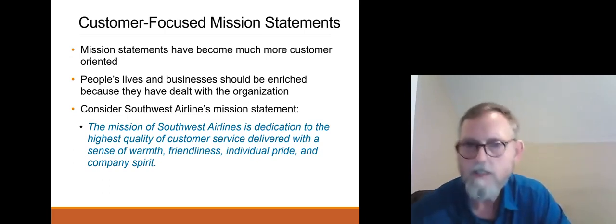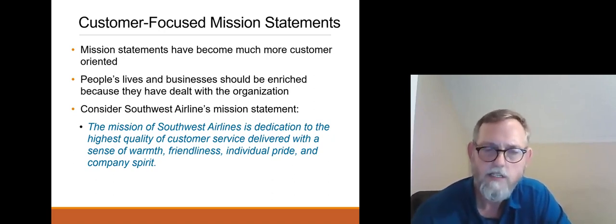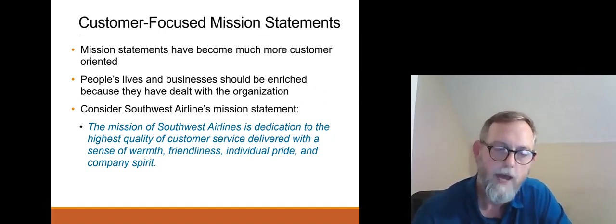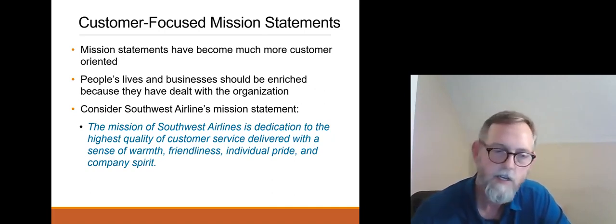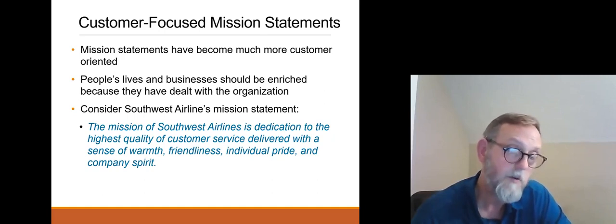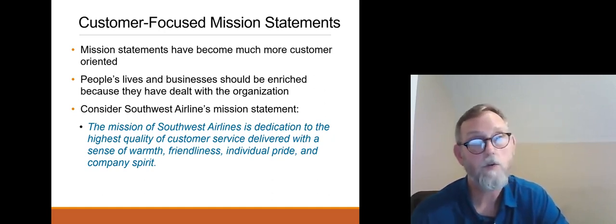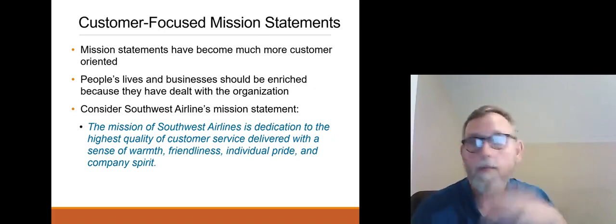Mission statements are ones that focus the organization on how it's going to do business or how it's going to accomplish its goals. Notably, a lot of mission statements will have elements of the market, customers, or clients whom they serve.